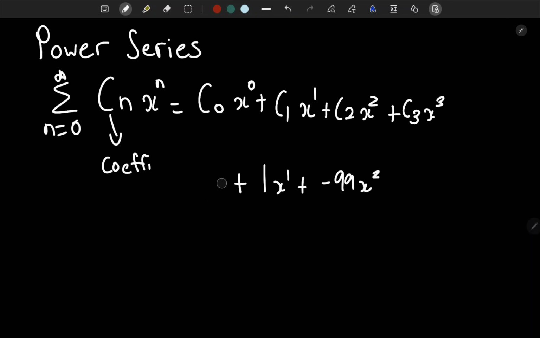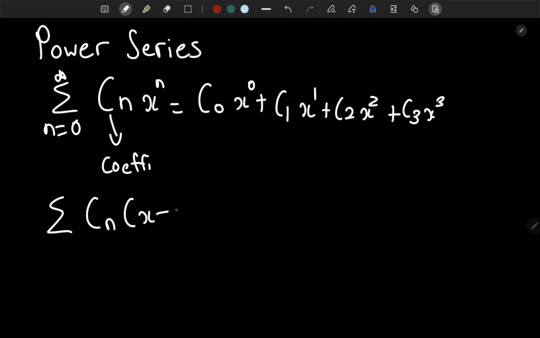Now another example of power series you might see is the series of c to the power of n multiplied by (x minus a) to the power of n. So here your polynomial is actually getting shifted to the right or to the left. It depends on the value of a. So again, n is equal to 0 and all the way to infinity.